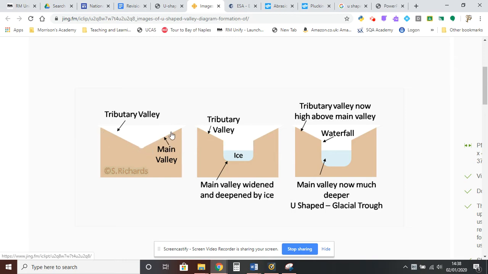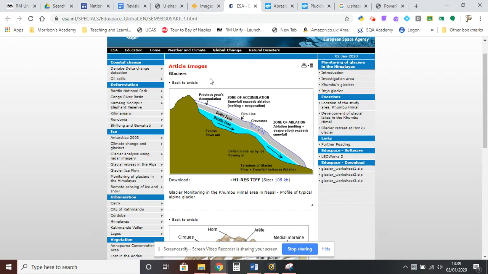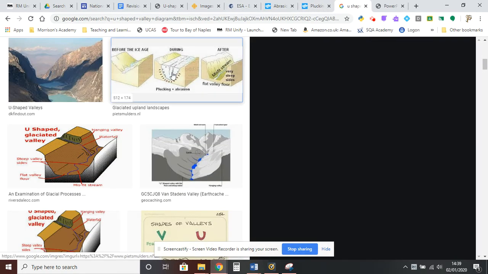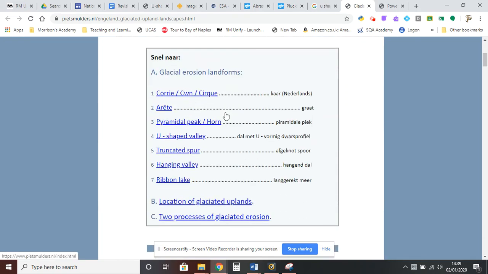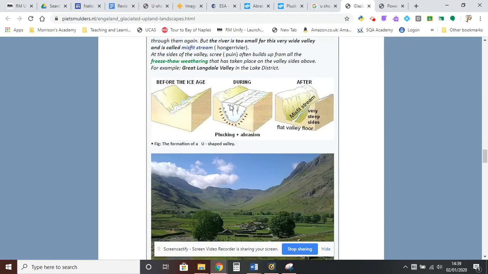It will look something like the V-shaped valley that's loading. Now, in the case of a V-shaped valley, this is a valley formed by river erosion. And it doesn't have as steep sides as a U-shaped valley has, as we can see here.